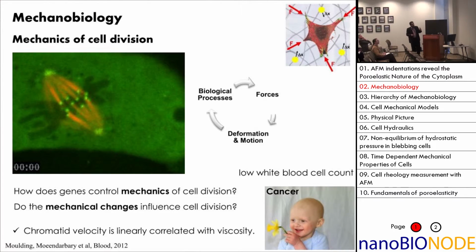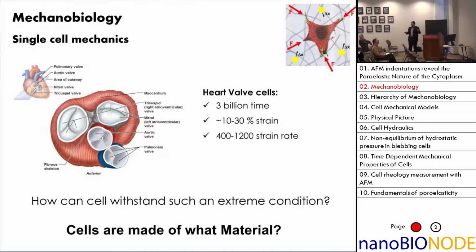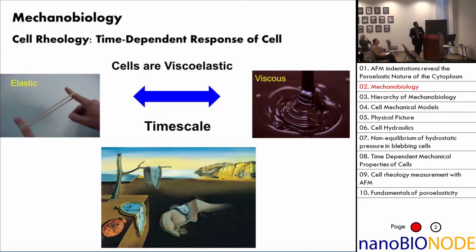So how can those heart valve cells stand such extreme conditions? The answer to some of these questions is coming from what material cells are made of. So the first question we need to ask is, what are the mechanical properties of the cell?